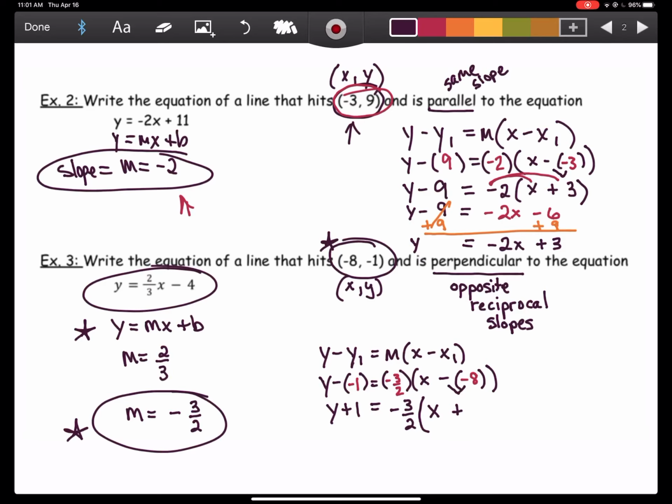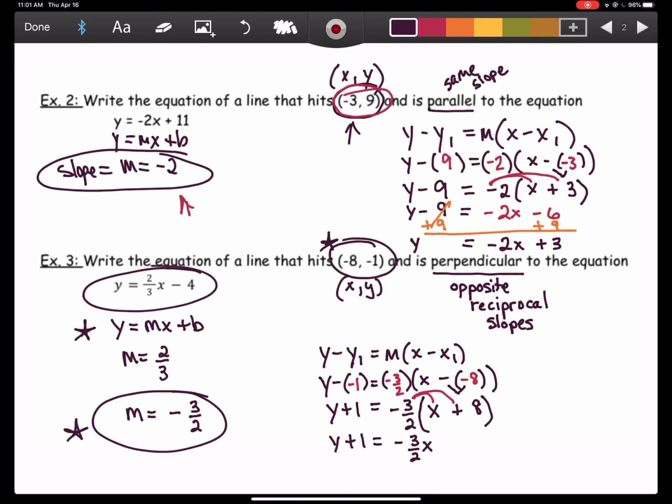So that becomes plus 8, close parenthesis. I'm in the clear now. Now I just need to distribute. So I'm going to distribute -3 halves times x, -3 halves times 8. Okay. So I still have y plus 1 equals, and -3 halves times x is -3 halves x.